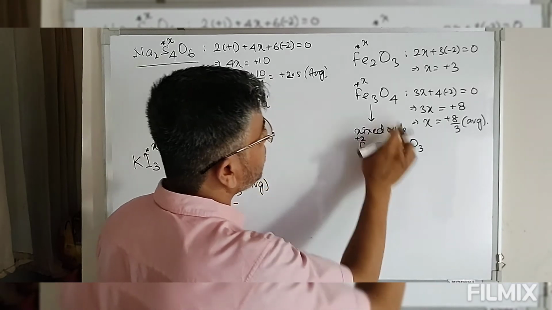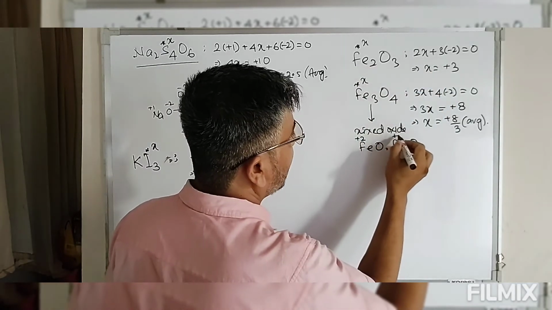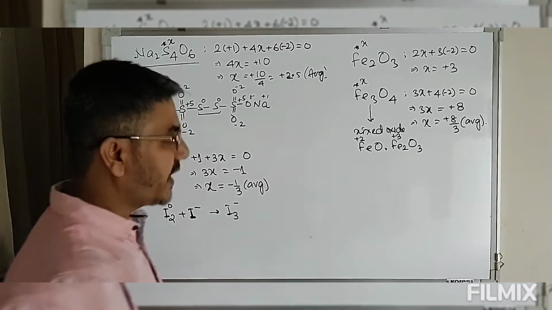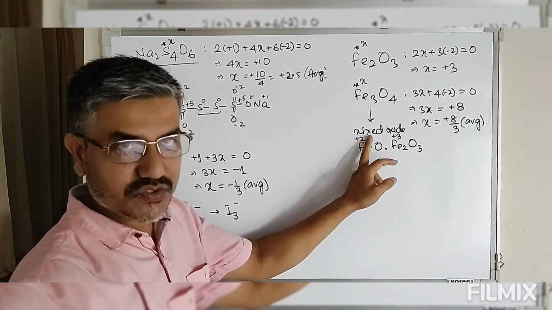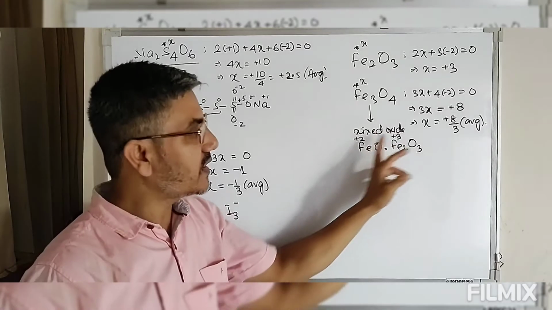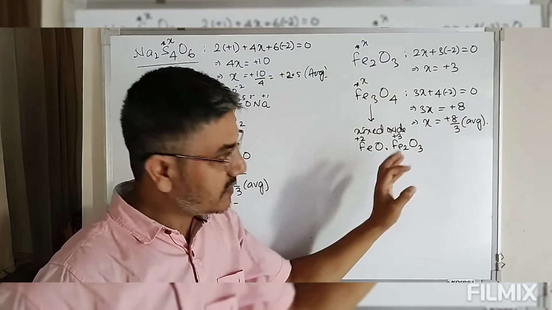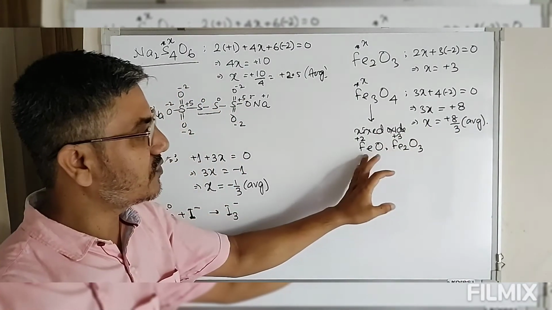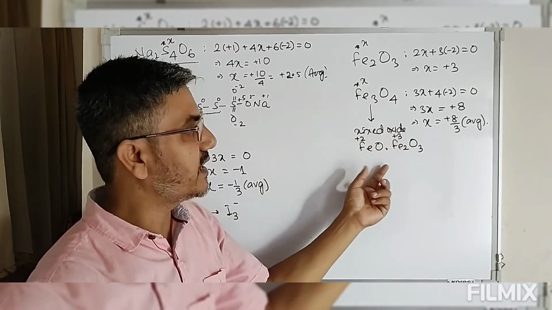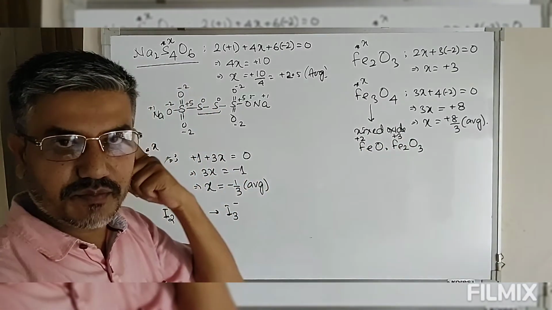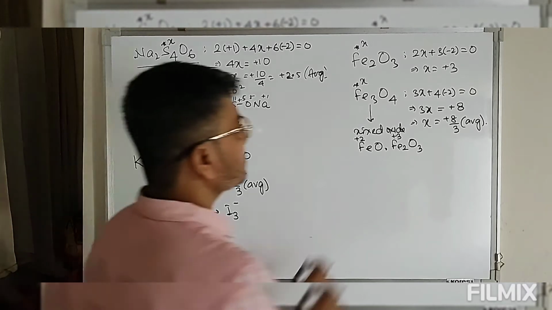In Fe2O3 we have seen iron is plus 3. So out of these 3 iron, 2 irons are in plus 3, 1 iron is in plus 2. Both are in different oxidation states. But the summation of the oxidation states of all the iron is 2 into 3, 6, plus 2, 8. But the average comes out to be 8 by 3.